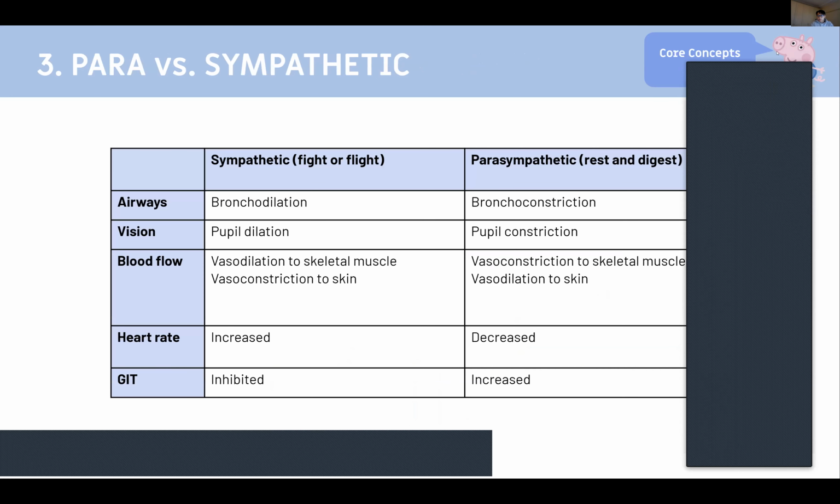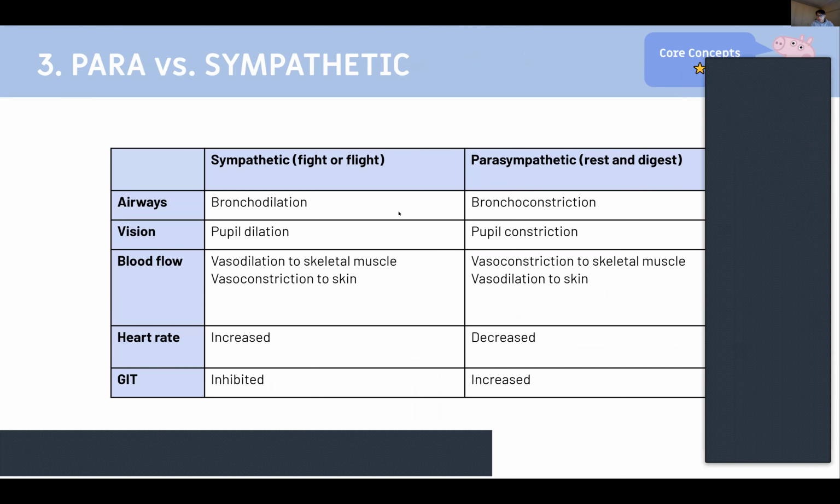A brief overview of the difference between sympathetic and parasympathetic. Remember, this is part of the autonomic nervous system, so these are things that we can't control voluntarily. Sympathetic, fight or flight. What that does is it dilates our airways, dilates our pupils.